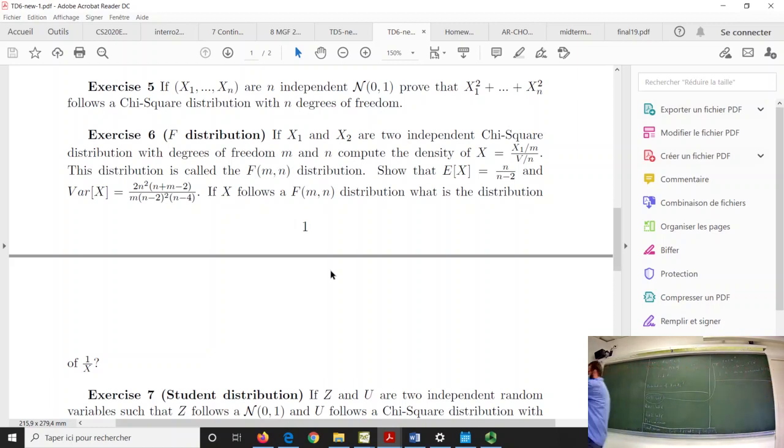So it means that once I have this result, the way to consider a chi-square of parameter n should be just to consider the sum of the squares of n independent Gaussian N(0,1). It will be equivalent. Okay, so let's do it by induction.